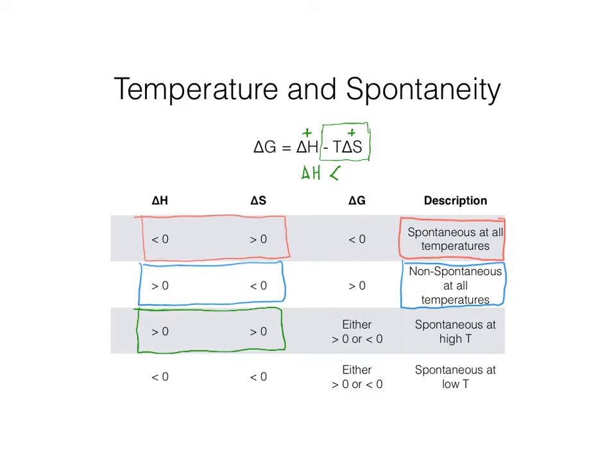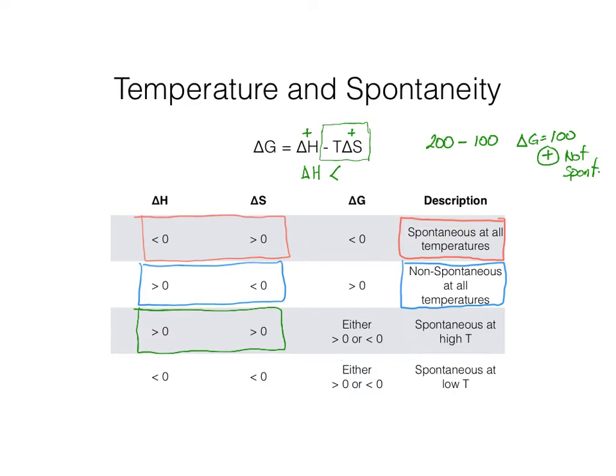We can think of this with numbers. If delta H is 200 and T times delta S is 100, then delta G is going to be equal to 100, which is a positive value and not spontaneous.